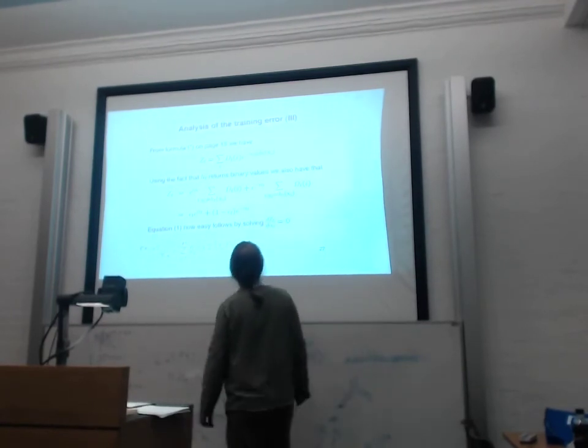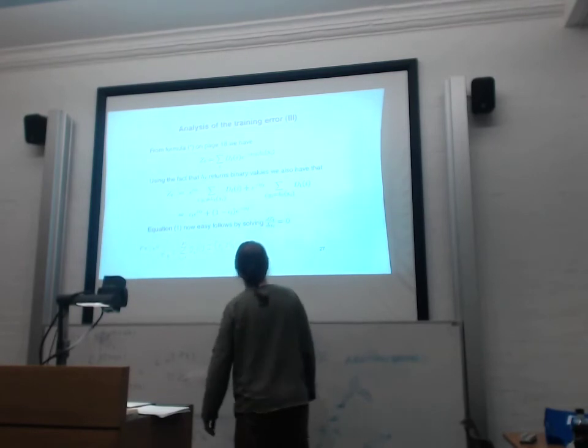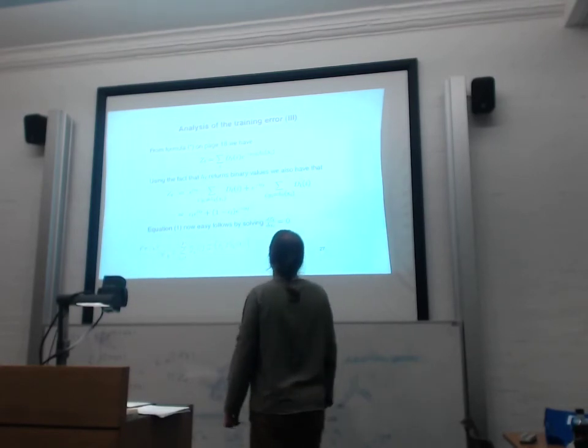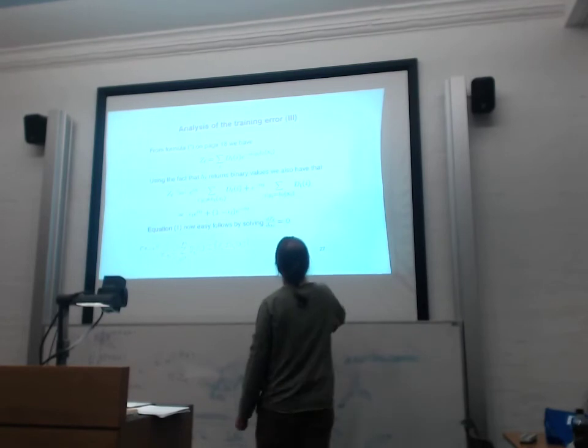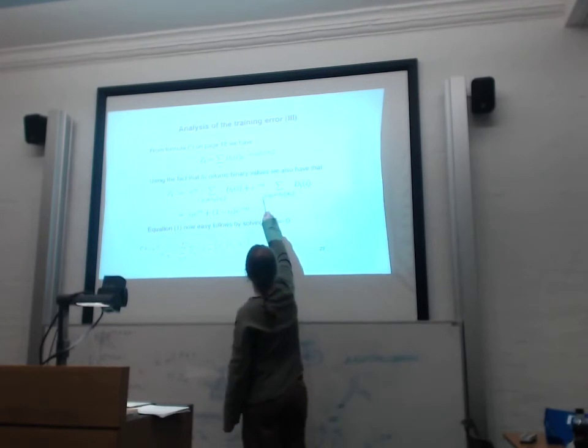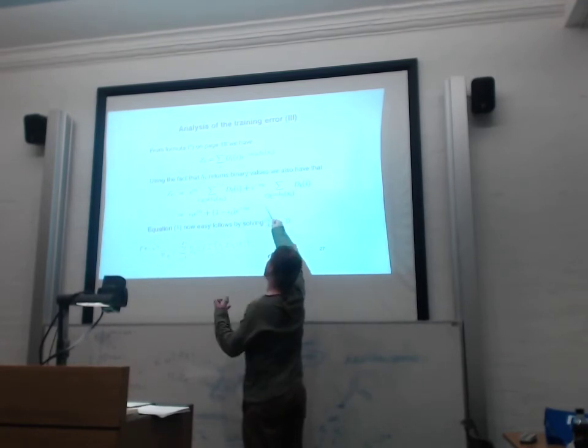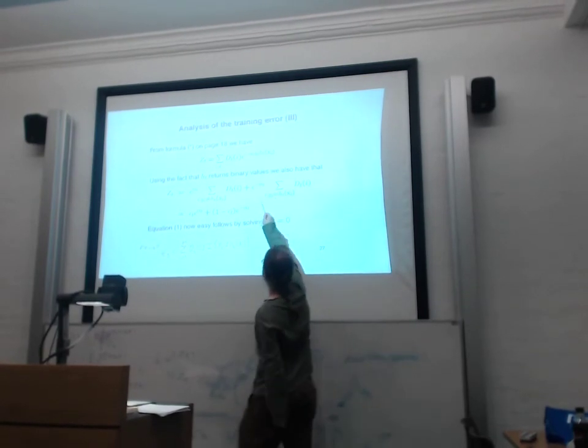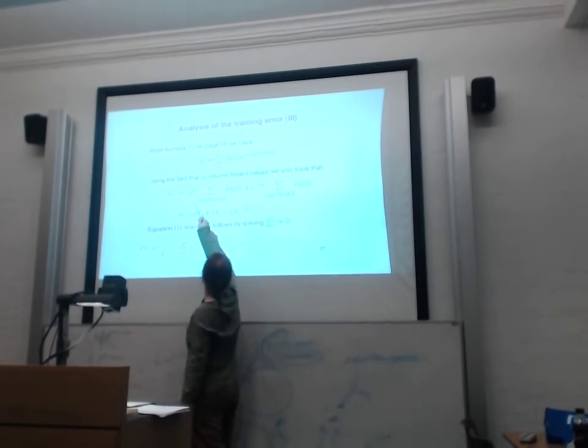So when we make a mistake, y_i is not equal to h_t(x_i), and the product is -1, because it's either 1 times -1 or -1 times 1. So we get e to the alpha t. We split the sum.